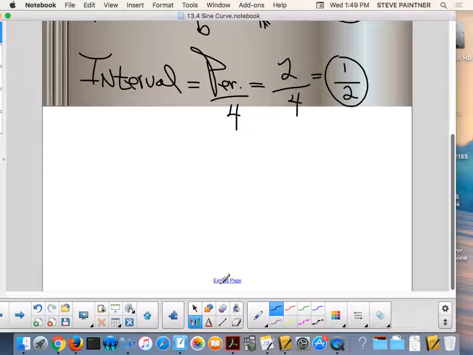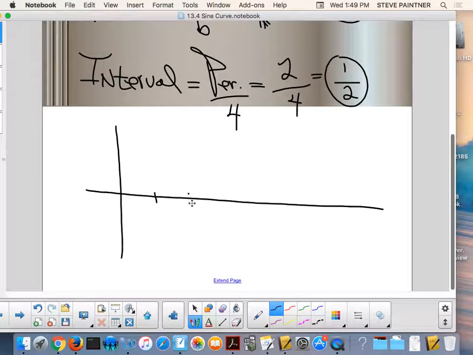Okay, go graph it. What was the amplitude? 2. Okay, 2 and -2. Count by halves. Where am I going?